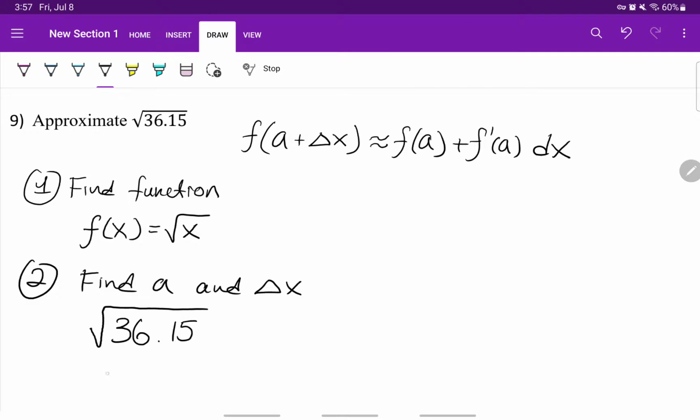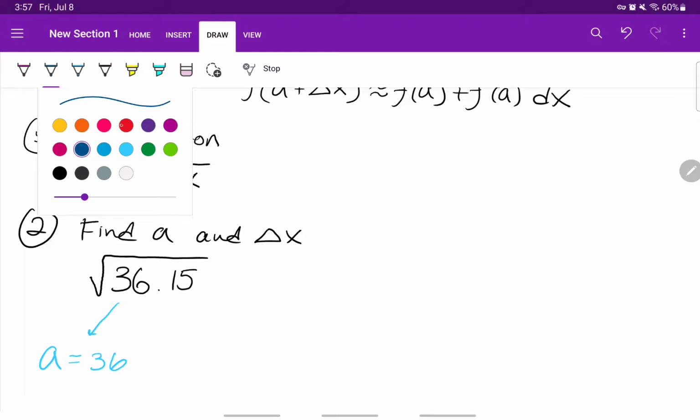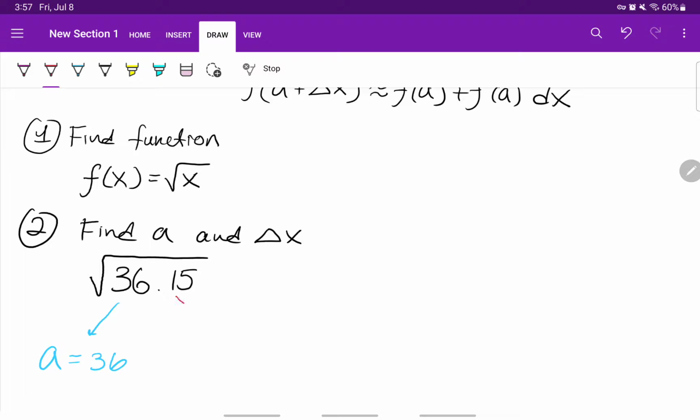If a is 36 and I plug it into my square root, that is going to give me a nice number. So I'm going to say that my a is going to be 36. And my delta x, the difference between 36.15 and 36, is going to be 0.15.